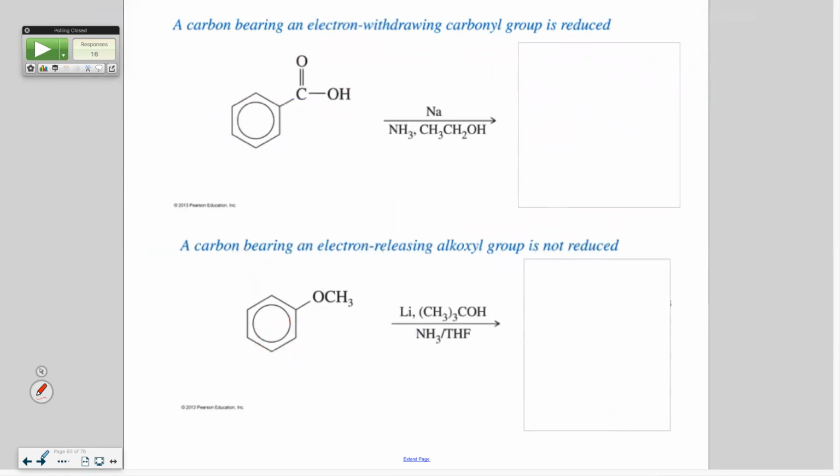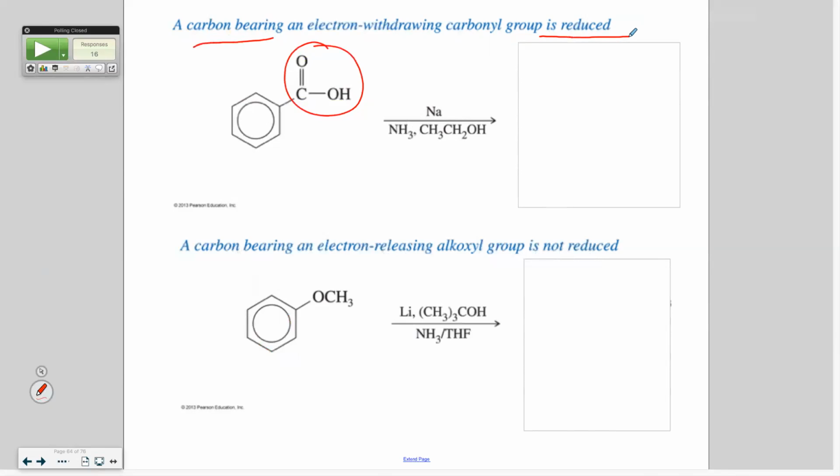All right, so here is a benzene ring, and it has an electron withdrawing carbonyl. So we have an electron withdrawing group on the ring. When that happens, the carbon that has it on it is reduced. Because you see, now we have two possibilities.